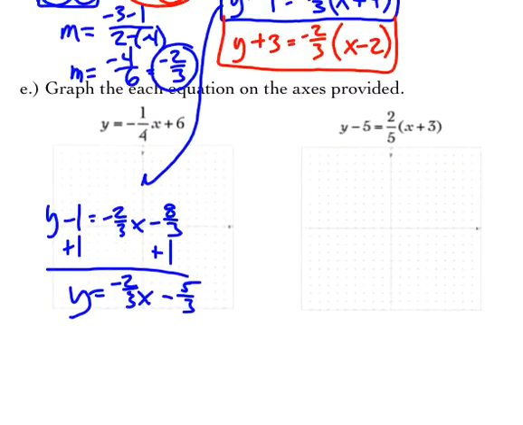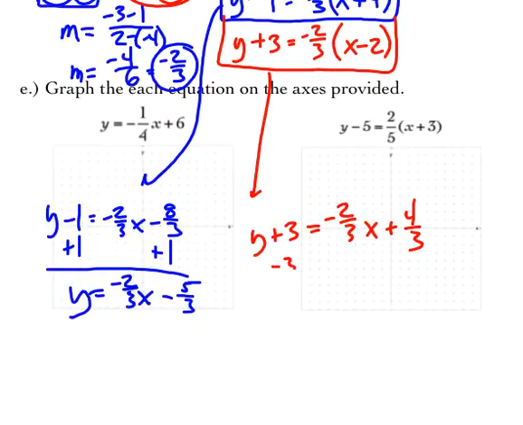And if I do this one, same kind of deal with the other one, but go ahead and distribute that negative 2/3 there. Okay, and then I'm going to subtract 3 from both sides here. So I'm going to get y is equal to negative 2/3 x. And if I add these together, or rather subtract, that's going to be 9 over 3.